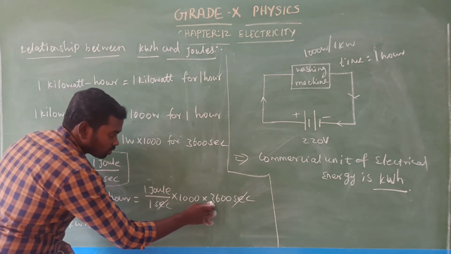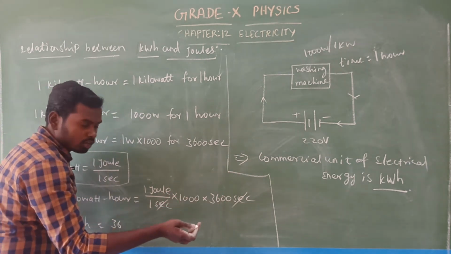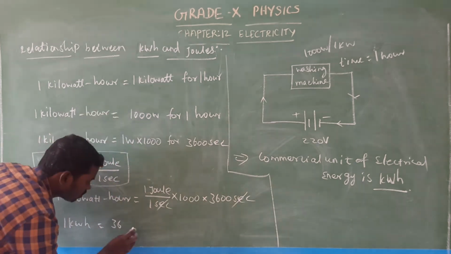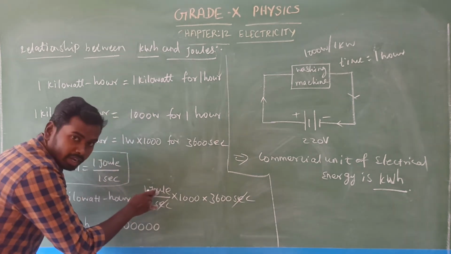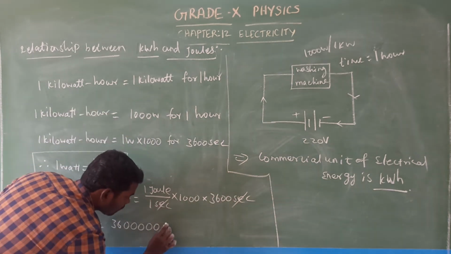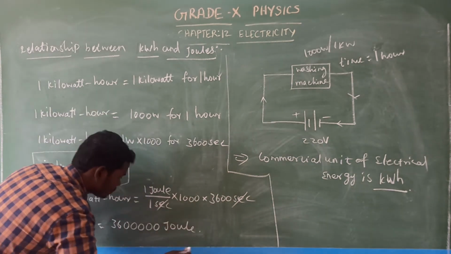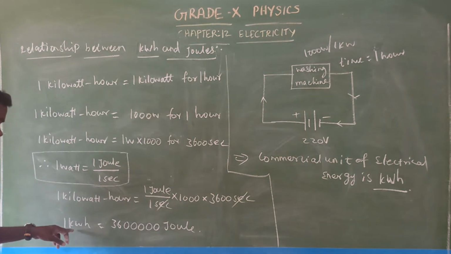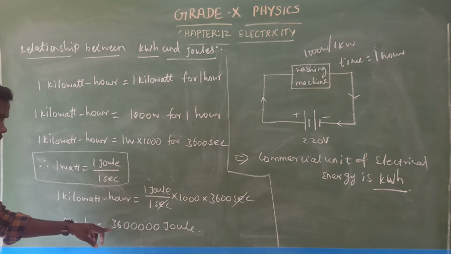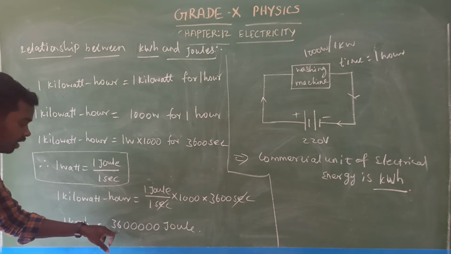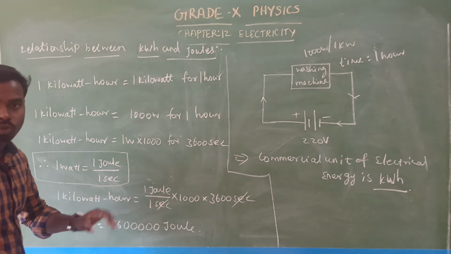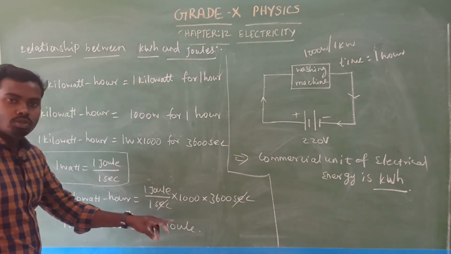So 36, after that how many zeros will be there? 1 2 3 4 5. 5 zeros will be there. And joule, remaining joule is there. Seconds cancel. So joule. That's all, students. Look at here. So 1 kilowatt hour is equal to how much? That is equal to 36 lakhs joule.